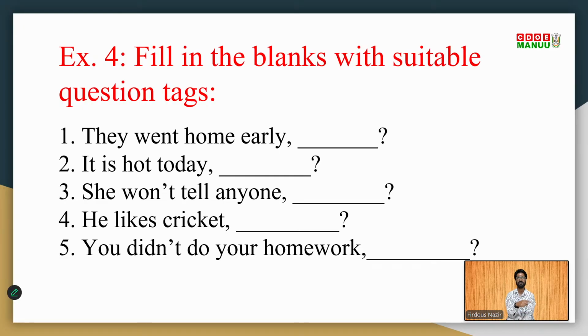If it is third person, we use does. If it is second or other persons, we use do. But if the verb form is V2, the past form, then we use did. They went home early, didn't they?